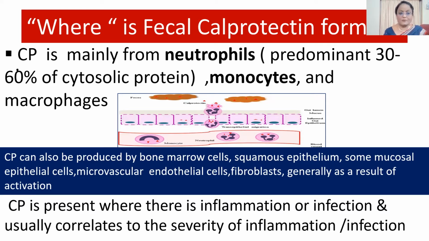CP can also be produced by the bone marrow cells, by squamous epithelium, some mucous epithelial cells, microvascular endothelial cells, and fibroblasts, all as a result of activation. So wherever there is inflammation or infection, these cells are present, and therefore you will get calprotectin there. So it usually correlates to the severity of inflammation and infection.